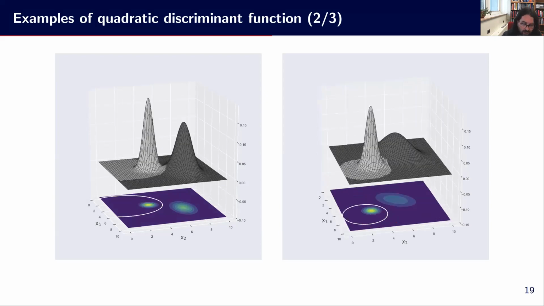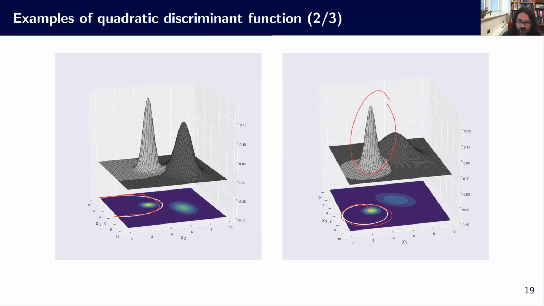Another example here. We see that these decision frontiers have this kind of curvy look. These are the quadratic functions. So basically the decision frontiers are following a quadratic function that looks like that. And so we have something here that looks like a kind of oval, because here it is well concentrated around the mean.